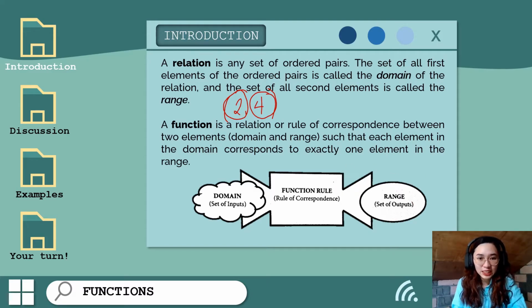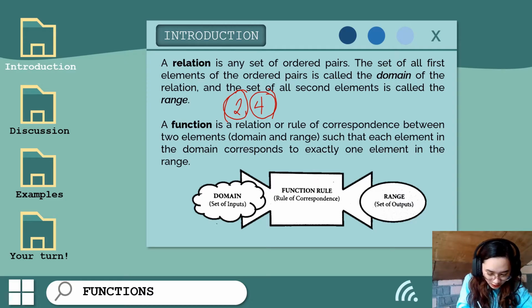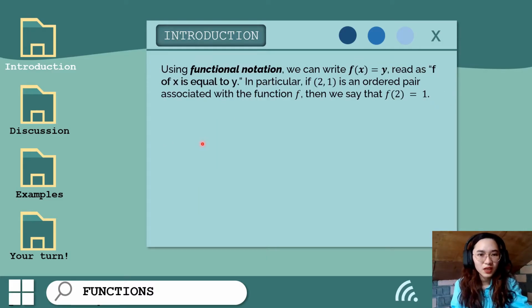But dito rin natin ginagamit yung mga symbol nating x at saka y. So, x will represent the domain and y will represent the range. Using a functional notation, we can write f(x) = y, read as "f of x is equal to y."